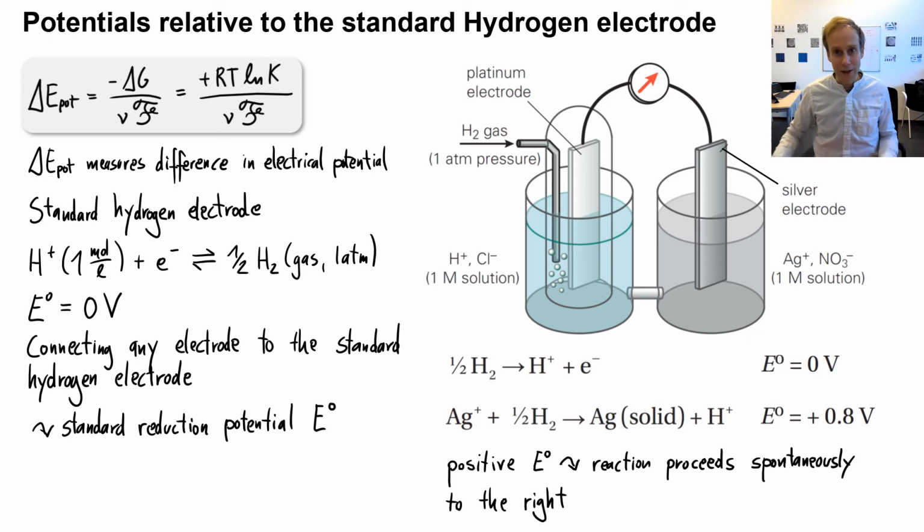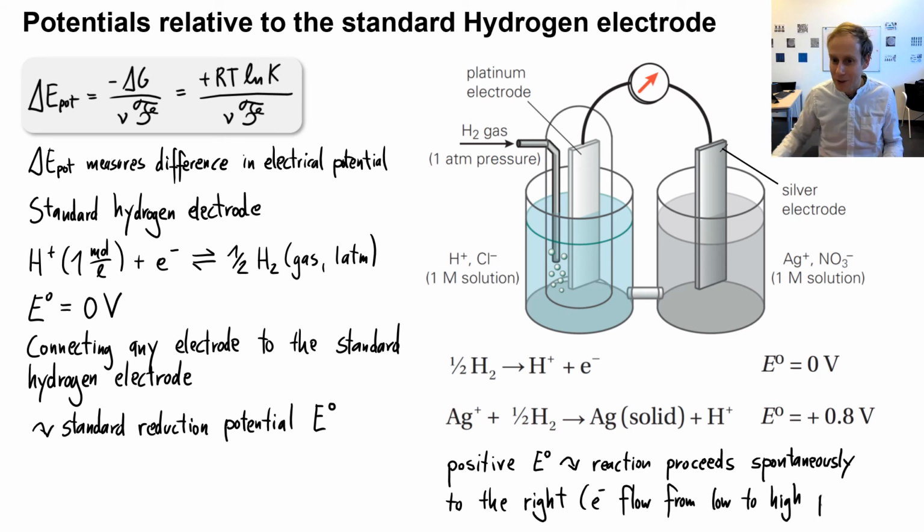And remember from the last slide, electrons always flow to higher electrochemical potentials. And that's why we now measure a positive electrochemical potential for the silver, right? So silver attracts electrons more than the hydrogen does, and therefore it is an oxidizing chemical in comparison to hydrogen.